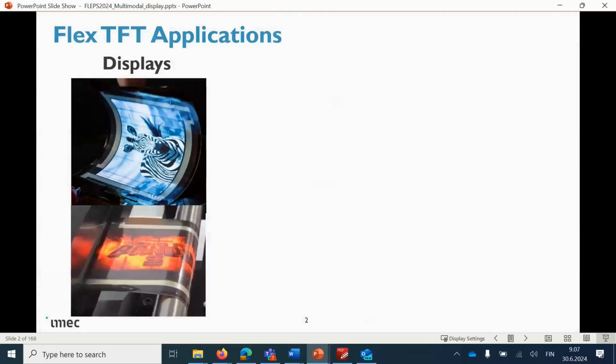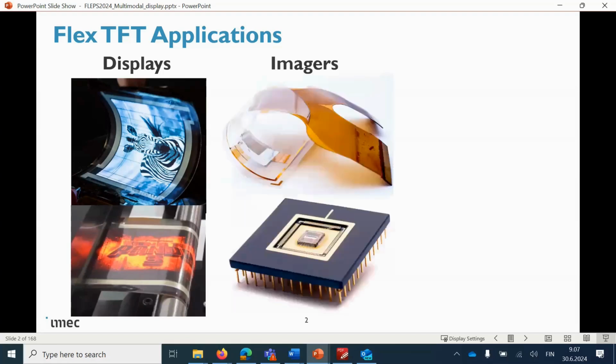As maybe you know, in this field, TFT technology originates from displays. It started from there. Here you can see also two of the demos that we did in IMEC together with TNO and Call Center in the past years. But also imagers.